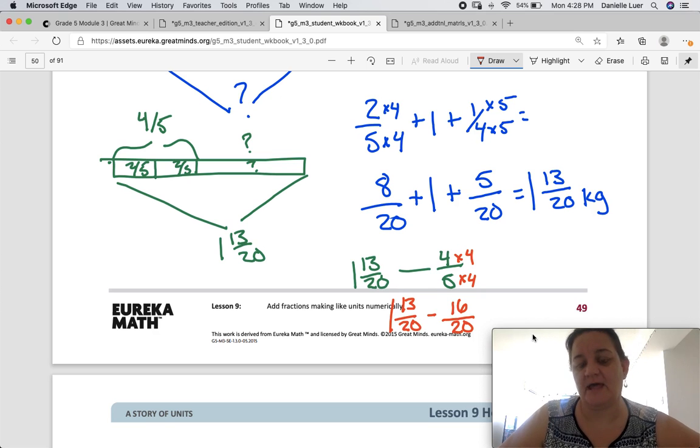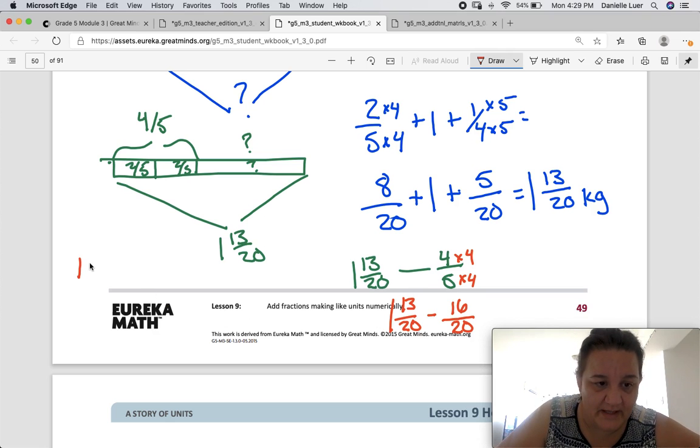Okay, well, we could use our rectangular models, like we did last week. 1 13/20, and then subtract 16 from them. Or we could turn 1 13/20 into an improper fraction. I think that's going to be a little bit easier.